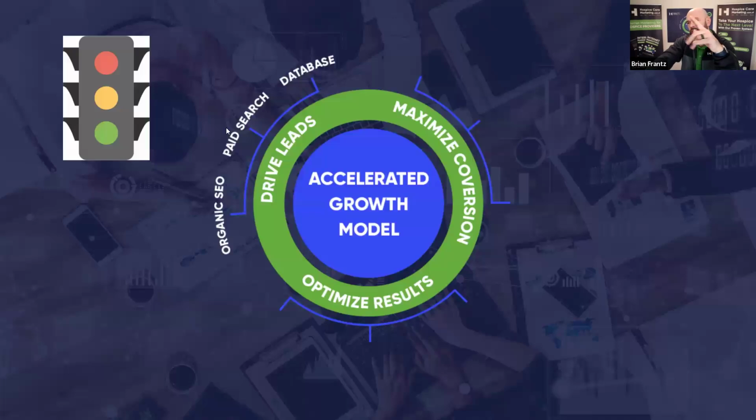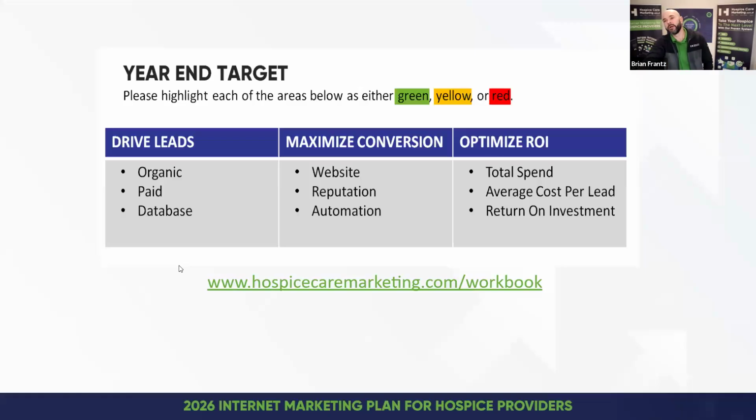Another little grade for yourself there. How are you doing driving leads overall? Are you running paid ads? Are your marketers doing anything with their database of facilities or doctors that they visit in the field?